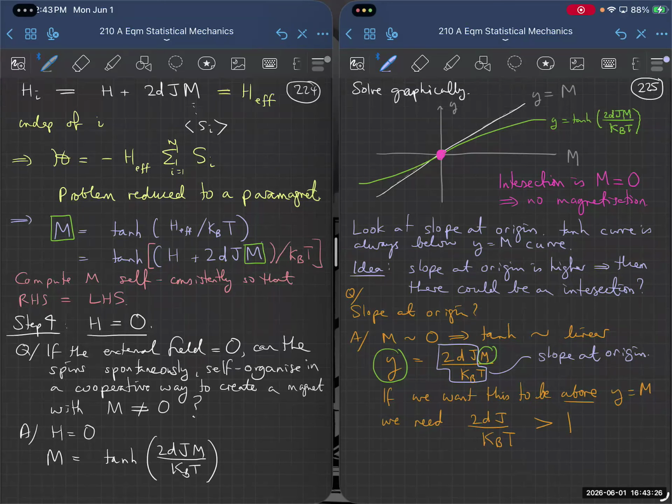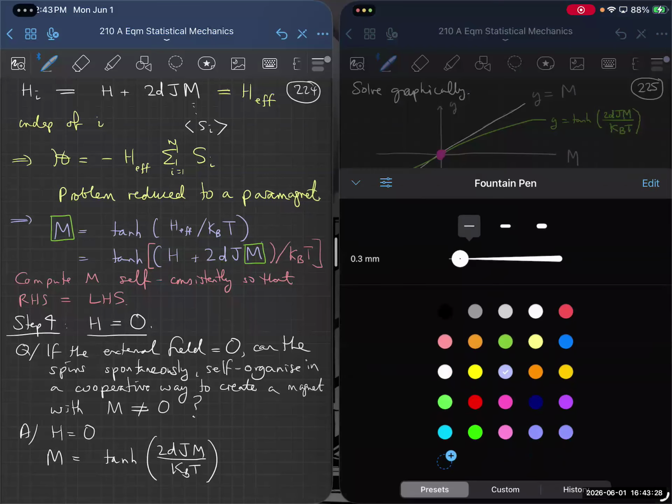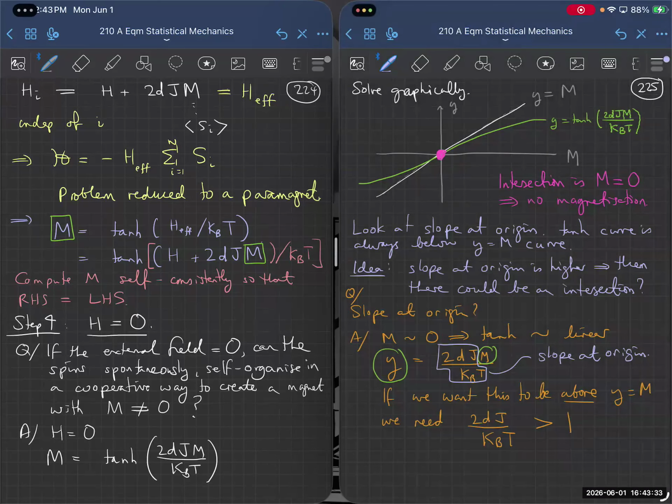So if we want it to be above y equals m, then we need this condition to be true. And if that condition is true, that means T has to be less than 2dJ over Boltzmann's constant. And I'm going to call that number Tc.